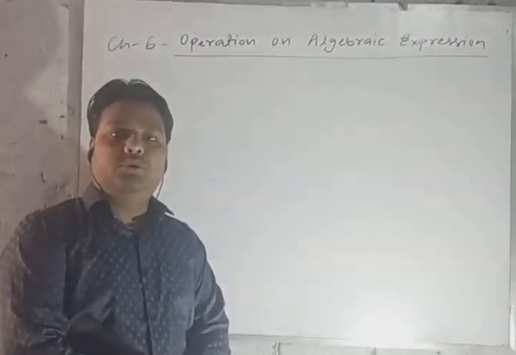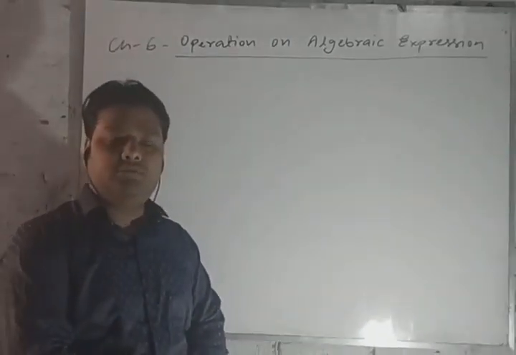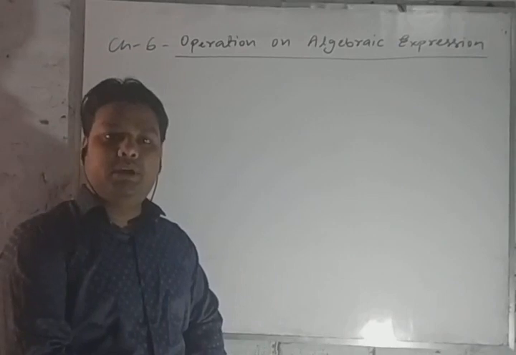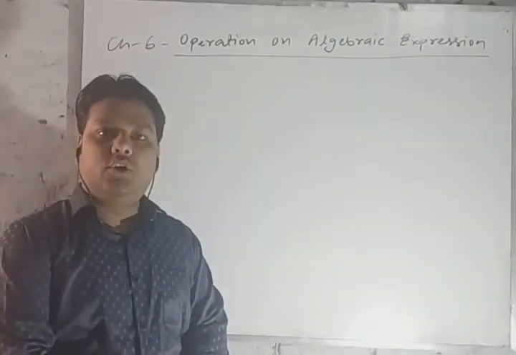In the previous two videos, I have explained chapter 6 of algebraic expressions. In the first video, I explained what is a variable, what is a constant term, and what is a coefficient term.